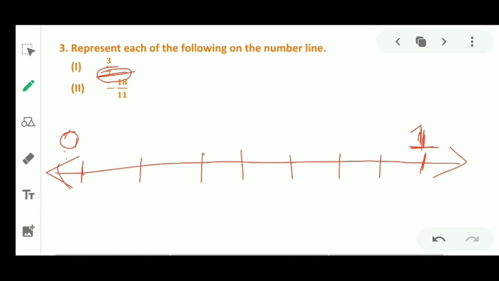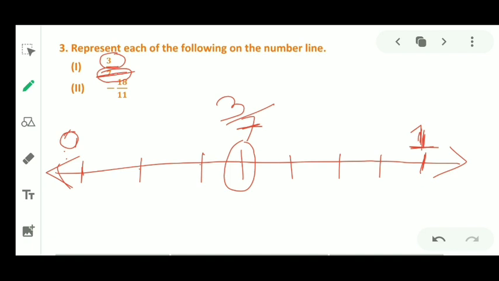Okay. Now numerator 3 tells us the number of equal parts from the number 0, that is 1, 2 and 3. So 3 by 7 lies in this place, at this point. Okay.